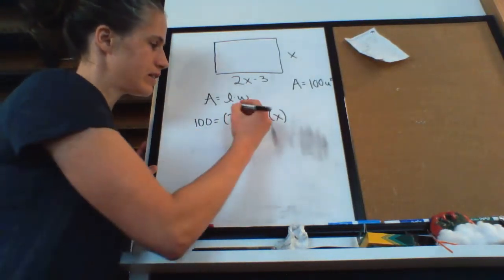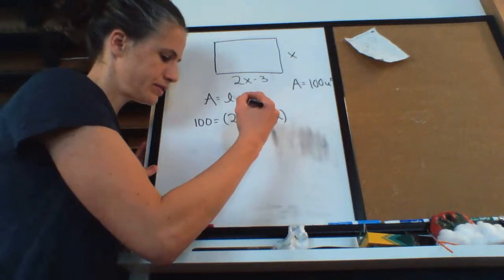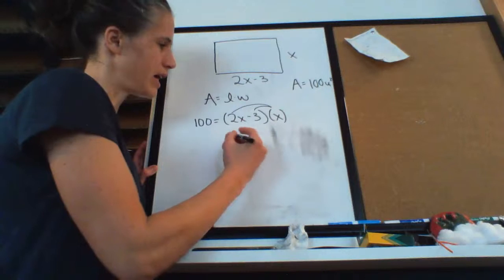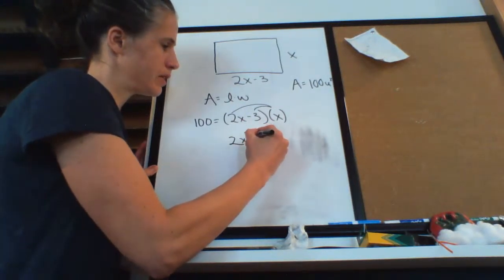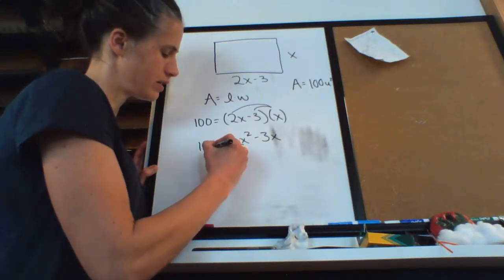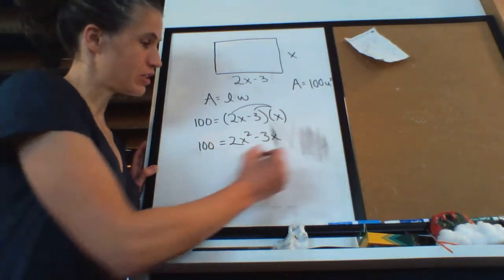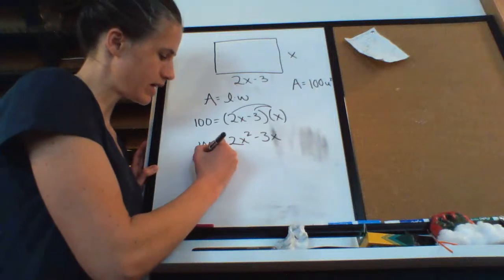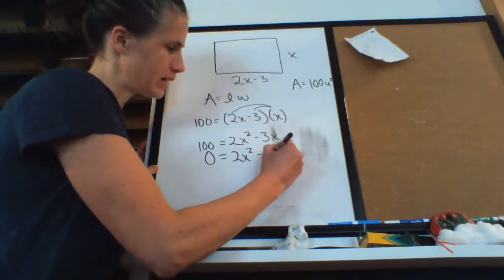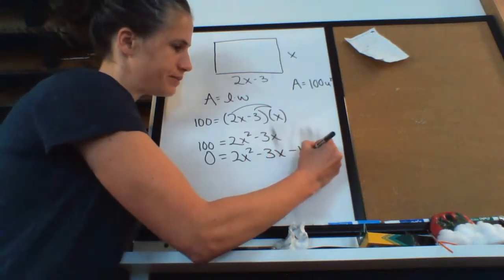To solve this, I'm going to multiply, so I get 2x squared minus 3x equals 100, okay? I'm going to subtract 100 from both sides, so I get 0 equals 2x squared minus 3x minus 100.